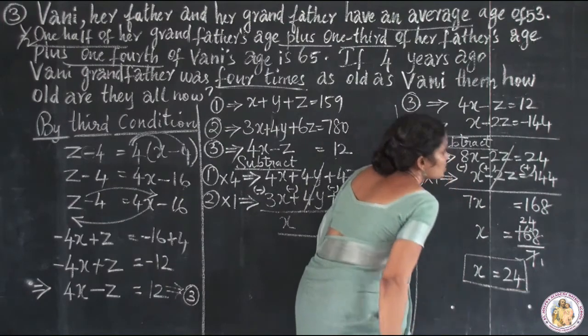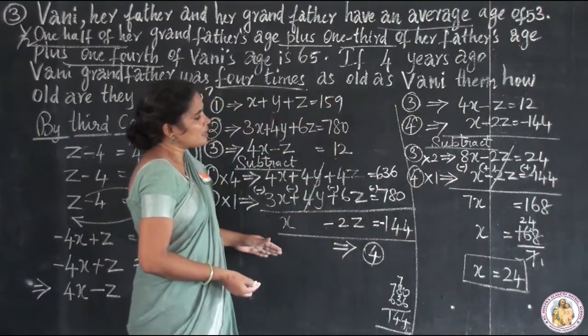So x is equal to 24. Now let us substitute the value of x in the third or fourth equation.